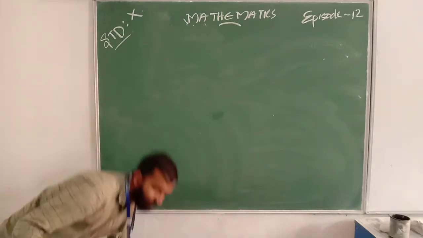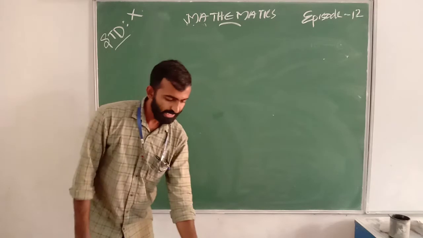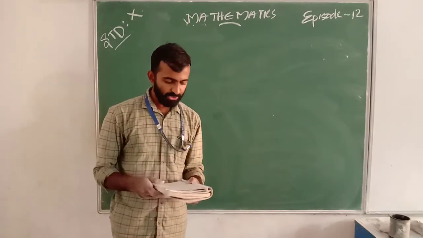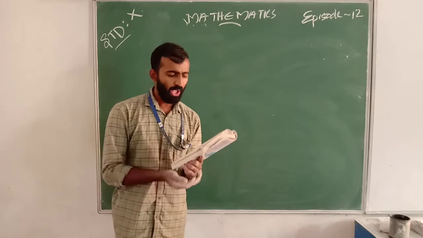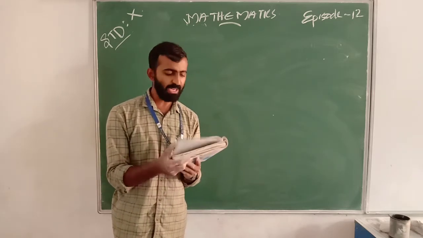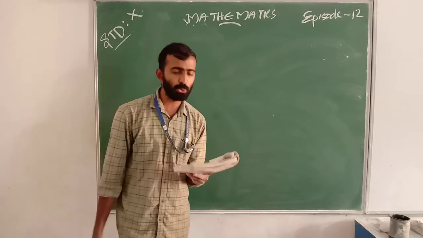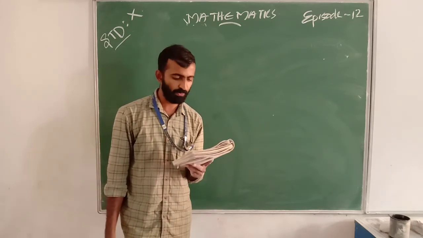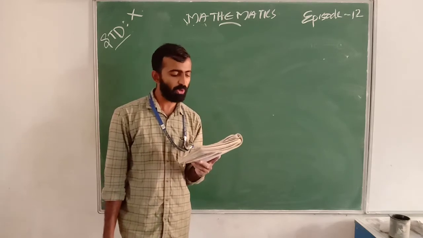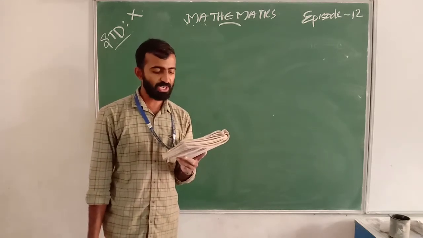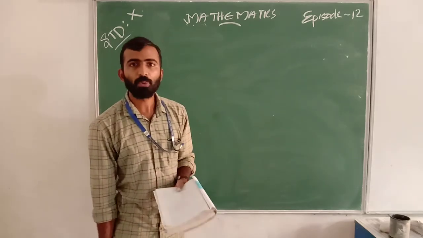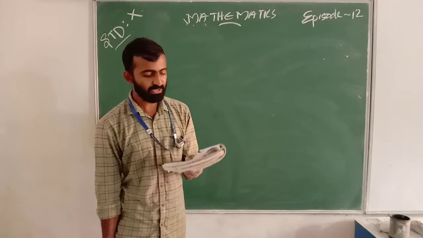Second question is on comparing the ratios a1 by a2, b1 by b2 and c1 by c2, find out whether the lines representing the following pairs of linear equations intersect at a point, are parallel or coincident. That is our question.